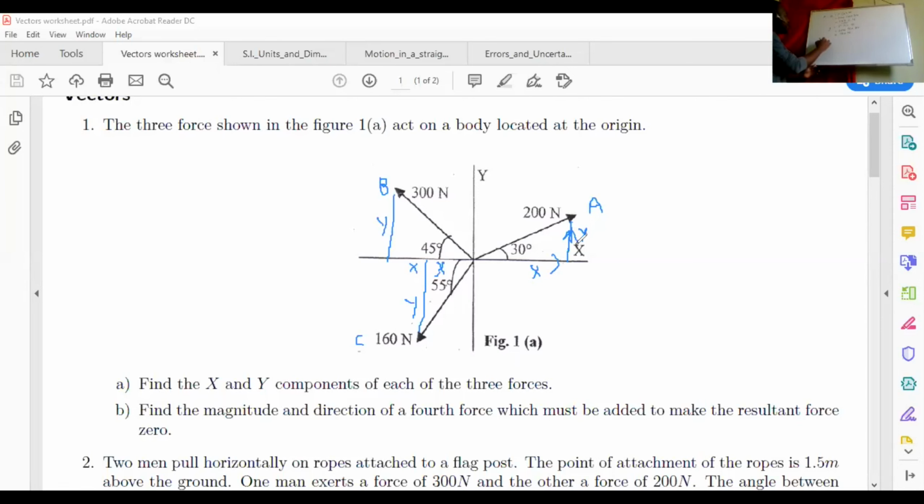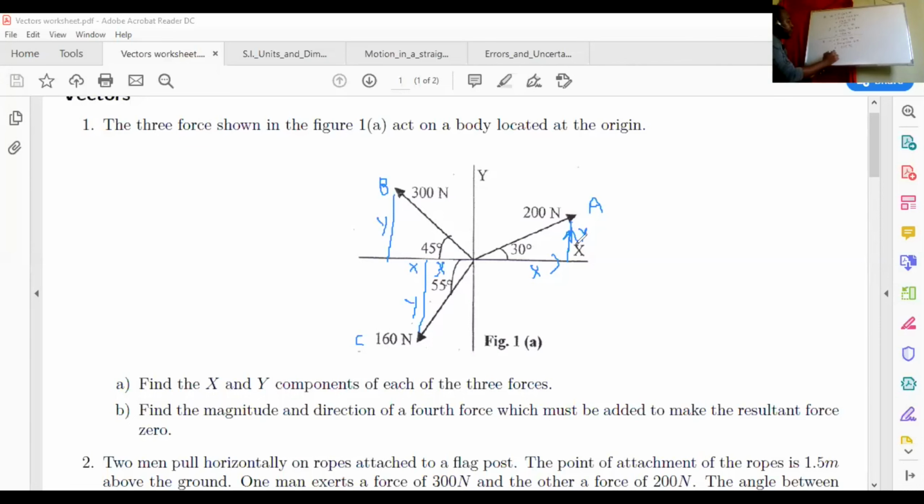All right, let's look at B now. For the x component of B, it's the same adjacent, so it is F cos theta. F this time is 300 cos the angle, which is 45, so that is 212 newtons.